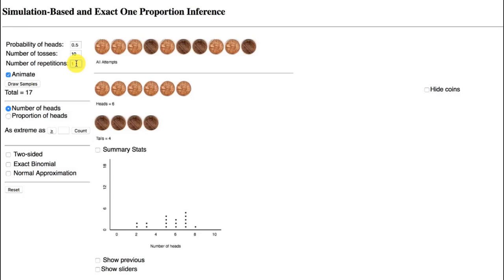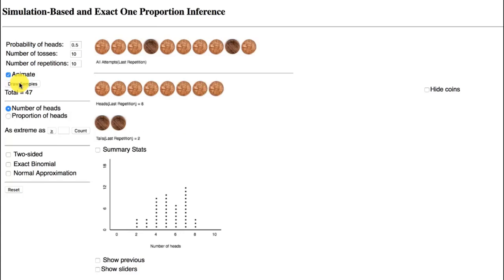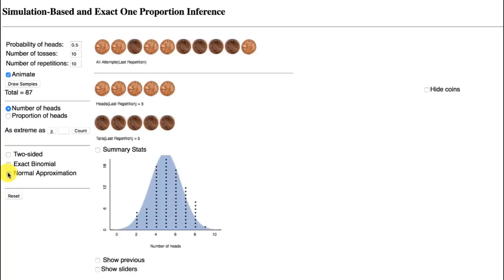So let's put 10 in there and then draw the samples. So another go, that's 100 flips, another 100 flips, another 100 flips, another 100. And eventually what you'll start to see is this bell curve pattern appearing. And if I put a graph above it, it shows where the cluster is in the center.